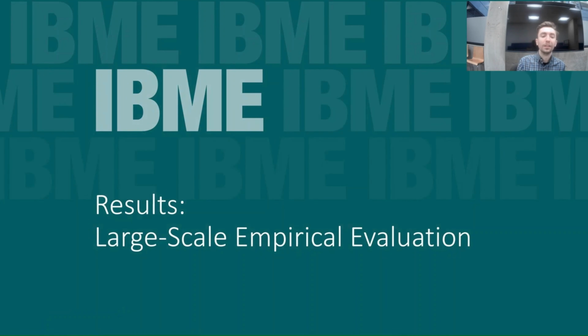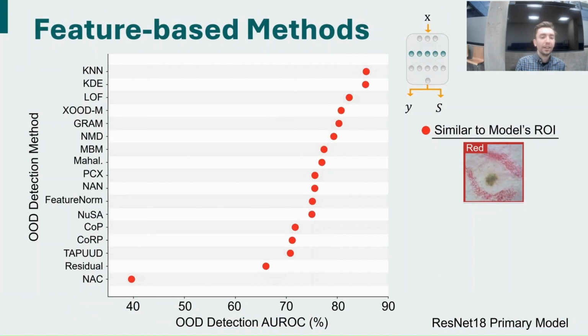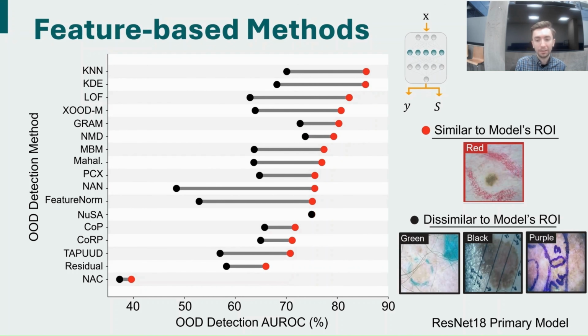So let's go over the results from our large-scale empirical evaluation. We have feature-based methods we're going to look at first, where the red dot represents the AUC for our datasets similar to the model's region of interest. So that's shown here. And now I can plot the AUC for the dissimilar artifacts. And this is all for a ResNet-18 primary model.